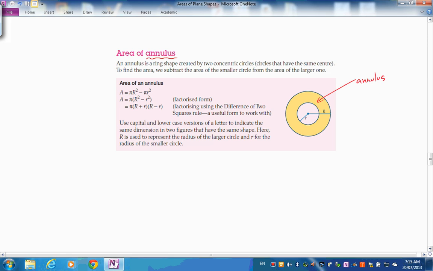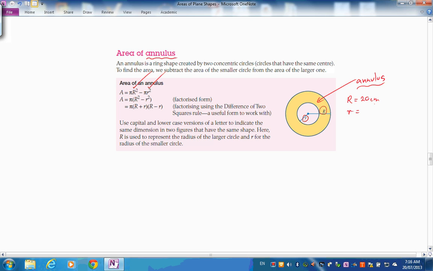Well, what would the area of an annulus be? Well, this is typical of a big circle minus a little one, isn't it? A big radius minus the one inside will give you the gap in between. Now, let's say that R was something like 20 centimetres, big R, and little r was, what's it look like?